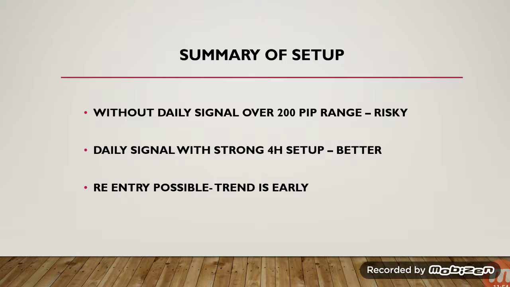So this second entry was based on the daily chart signal that was given, the single candlestick signal, which was most importantly supported by a strong setup on the 4-hour chart. This gives the trade a much better chance of actually hitting our trading target.